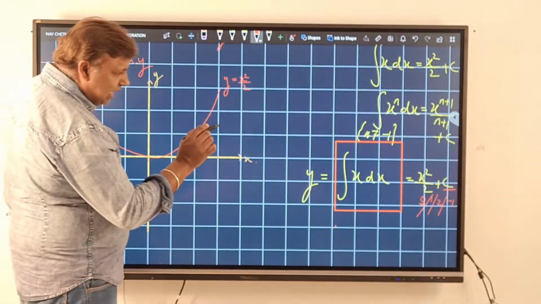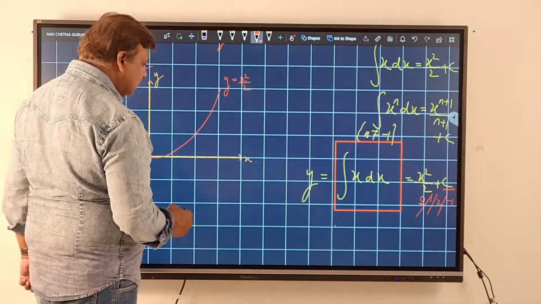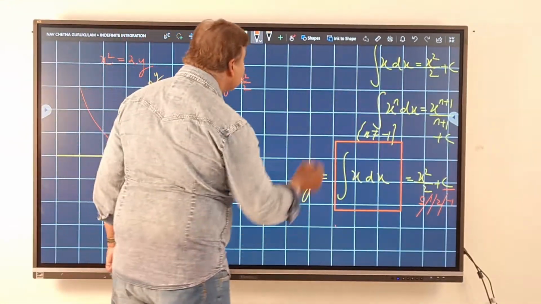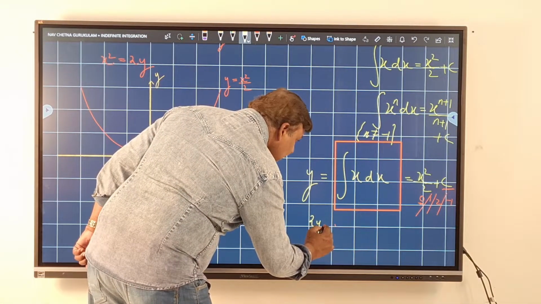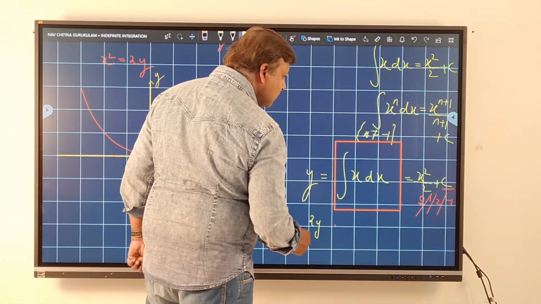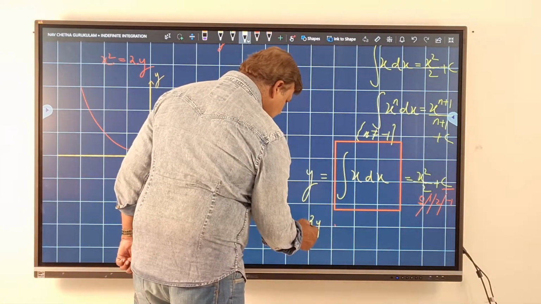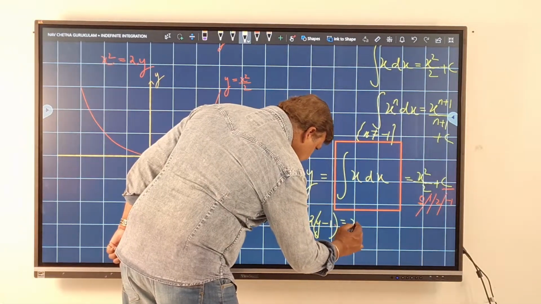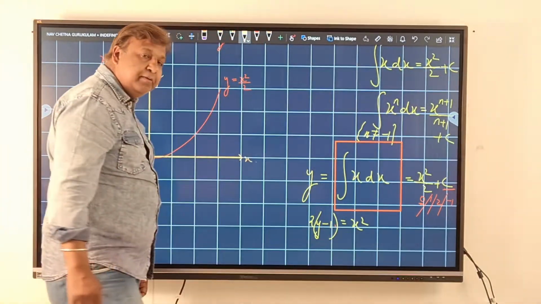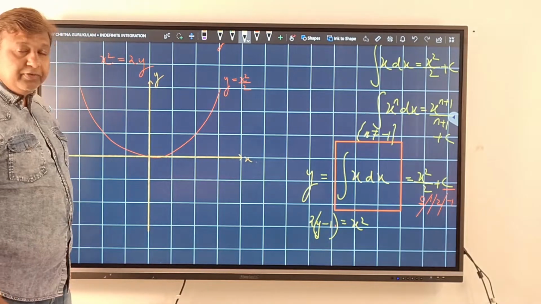Then we take c as 1. So when we take c as 1, what do we get? We actually get 2y. Okay, 2 will be there. So 2y minus 1 is equal to x squared. This is the second curve.